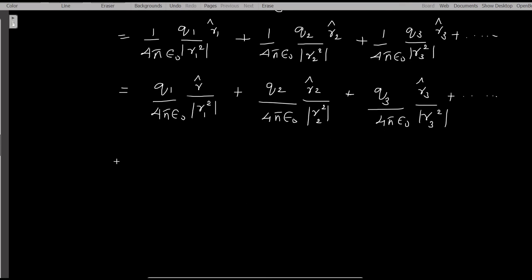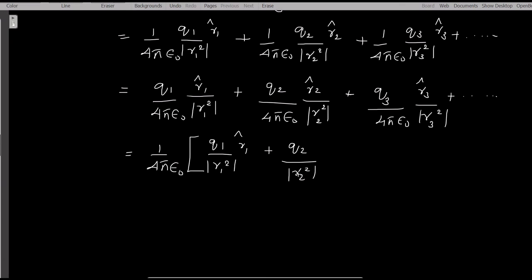Take it out. So this is equal to 1 by 4 pi epsilon naught into q1 by r1 square into unit vector r1 plus q2 by r2 square into unit vector r2 plus q3 by r3 square into unit vector r3 plus etc.